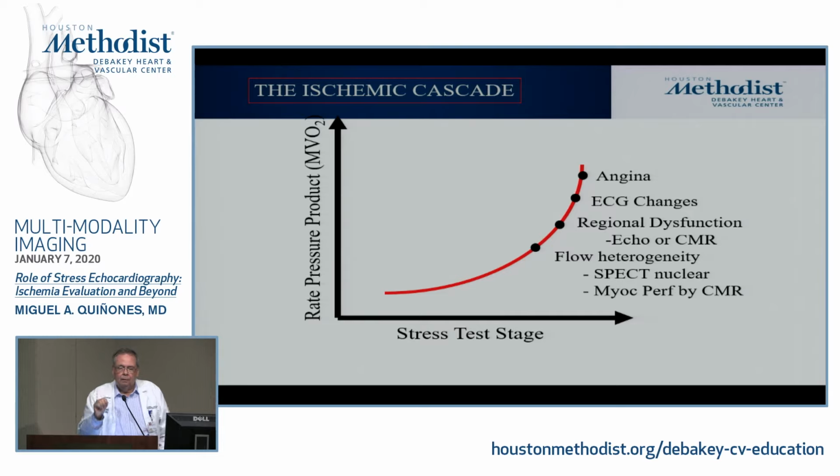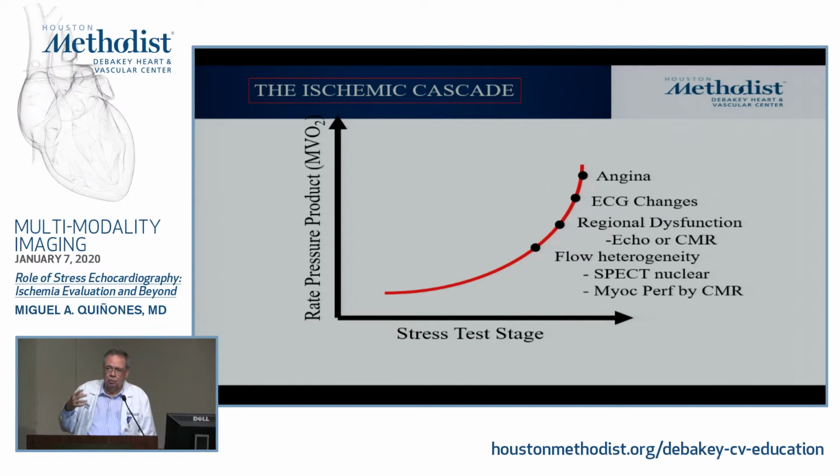Importantly, you may have flow heterogeneity without ischemia. They're not equal. You may have some degree of impairment of coronary reserve, but the cells themselves may not be ischemic. Now, when ischemia occurs, there's going to be dysfunction of the myocardium.